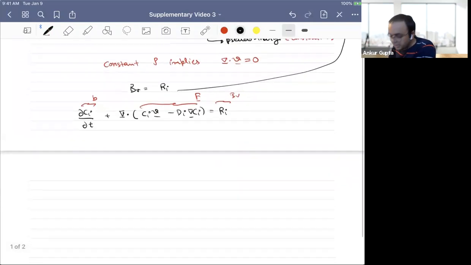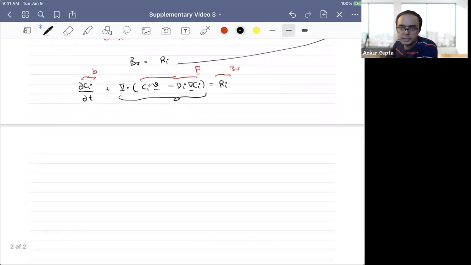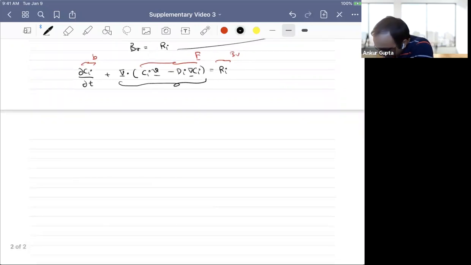Now the main thing that we have to do is we want to open this long expression of flux into two parts, okay? It's simple that whenever you have a divergence operator, you can simply break it up by addition and subtraction. You can go to this step: del dot CiV minus del dot Di grad Ci.